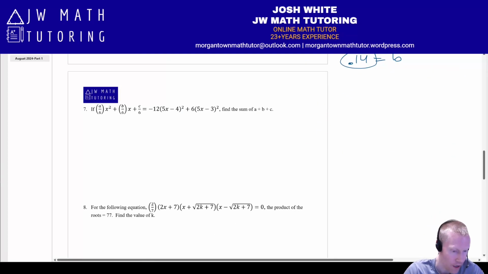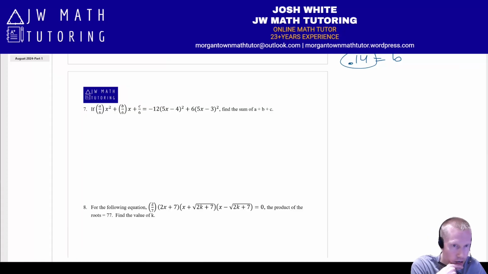Next up, we have a fairly complicated question where you're given a quadratic. Basically, it's a quadratic, and you've got some parentheses that need to be multiplied out, and you also have an equivalent expression that you're trying to make it equal to. But notice they have these a, b, and c over 6 things. I will show you how to do this in Desmos, and it can actually be done in minimal time.